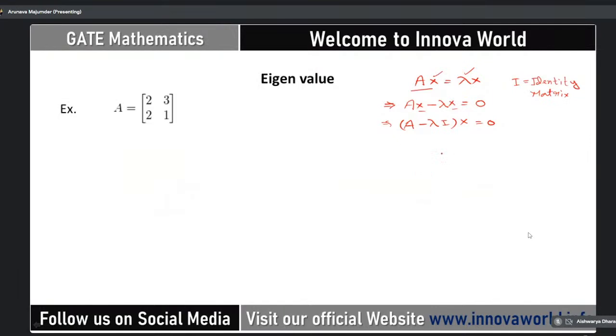So this is the relation by which we can find the value of lambda. We will use this particular relation to find the values of the eigenvalues from this matrix.